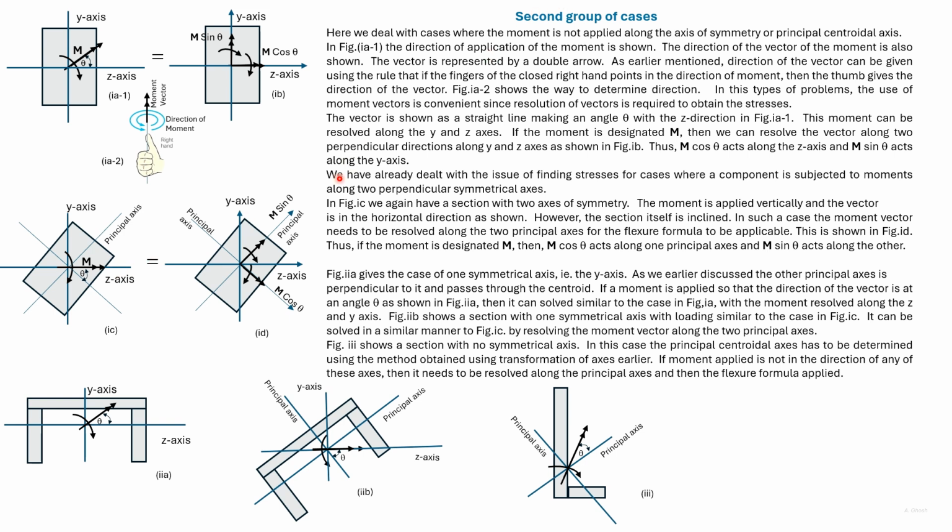In such a case, we have to choose a new set of y and z axes along the axis of symmetry as shown here. And then the moment is resolved along the two axes of symmetry. Here we can use the flexure formula again about the principal axis to find out stresses at any point on the section.